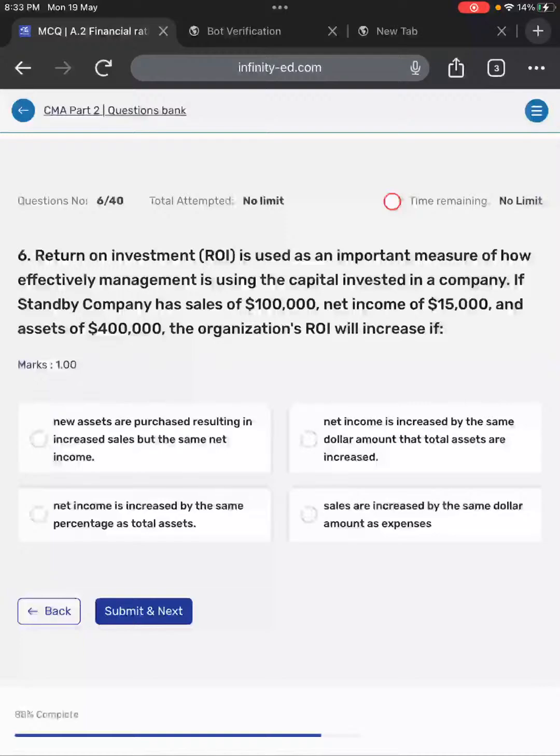Net income is increased by the same dollar amount. The total assets are increased. Net income is increased by the same percentage as total assets. Sales are increased by the same dollar amount.